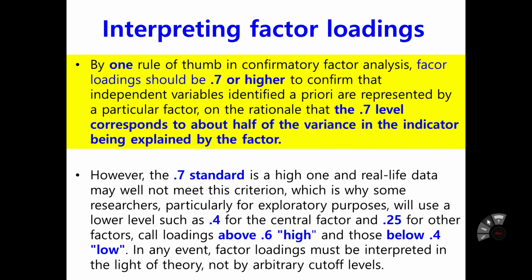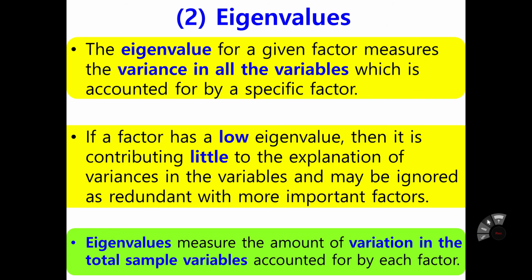So as you can understand easily through this paragraph, the normal standard cutoff is 0.7. However, some researchers require factor loadings above 0.6 as high and below 0.4 as low. In any event, factor loadings must be interpreted in the light of a theory, not by arbitrary cutoff levels.